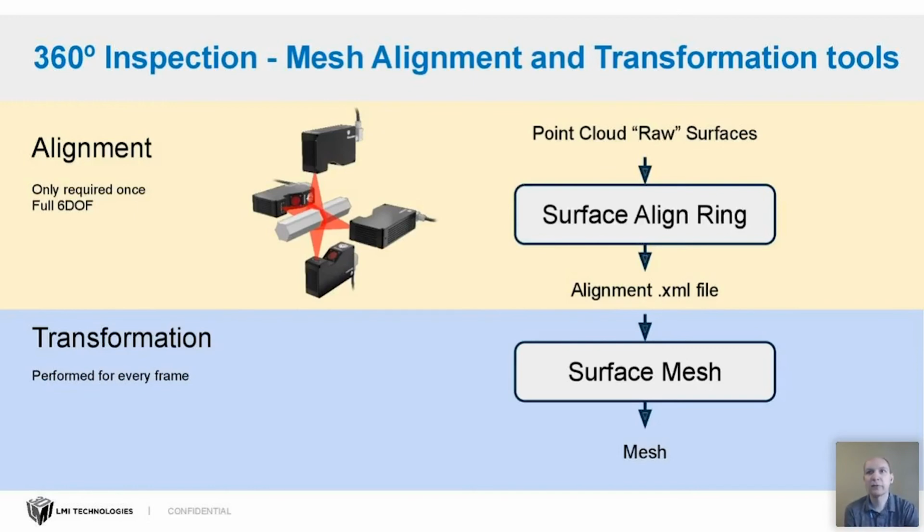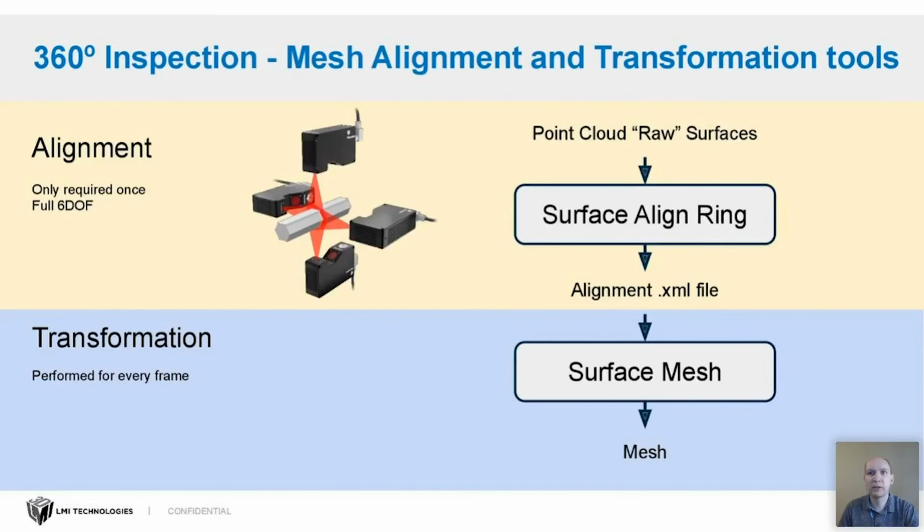You're feeding that into this tool, and it will be creating an alignment XML file. That alignment XML file stores all the alignment information, and that is read by the surface mesh tool to perform the transformation. So the neat thing here about the alignment is that this is in full 6 degrees of freedom. So it's super accurate alignment through a special alignment target that I'll be showing on the next slide.